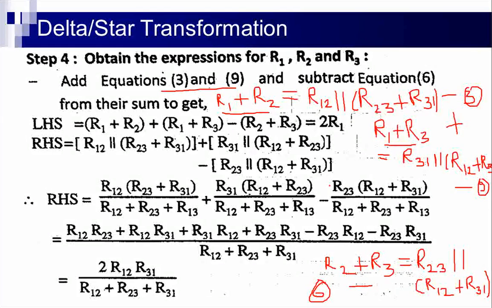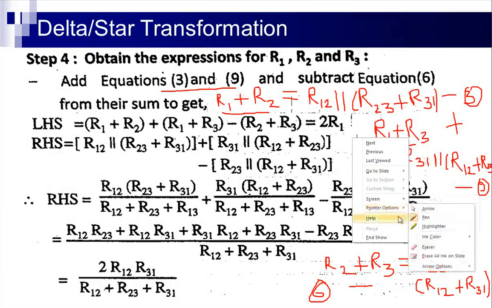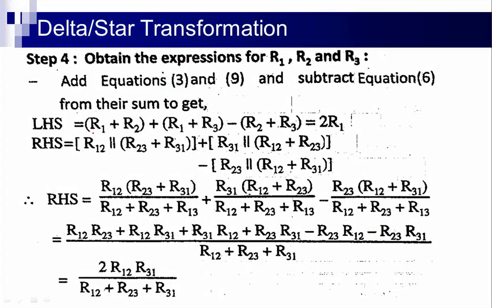So LHS. Okay, you have understood. So I will drop all these equations now. R1 plus R2 plus R1 plus R3, left hand side of equation number 3 and equation number 9, and we are subtracting the left hand side of equation number 6, that is R2 plus R3.